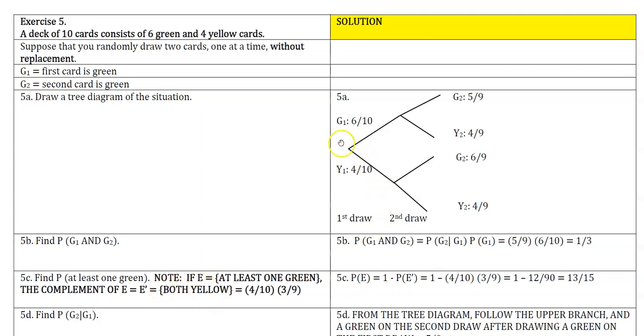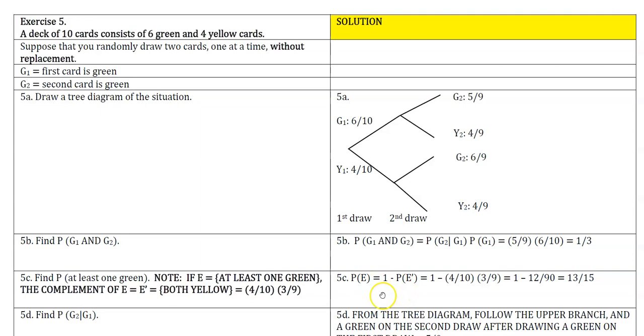Both yellow is this bottom branch down here, so we would calculate the product of the probability of Y1 times the probability of Y2 given Y1, which is 4/9. And we would then subtract that product from 1 to get the probability of at least one green.